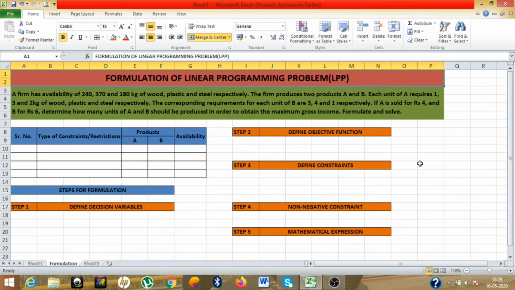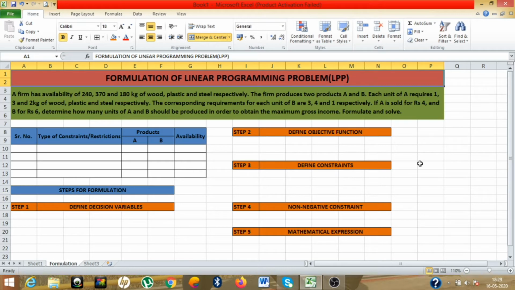The corresponding requirements for each unit of B are 3, 4 and 1 respectively. If A is sold for rupees 4 and B for rupees 6, determine how many units of A and B should be produced in order to obtain the maximum gross income.